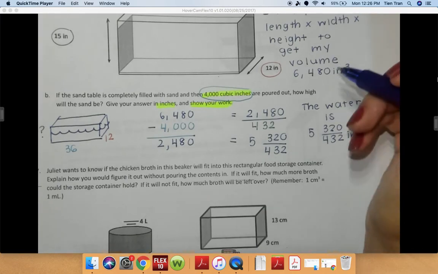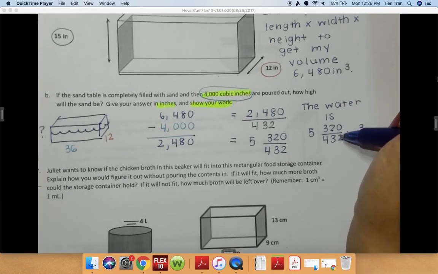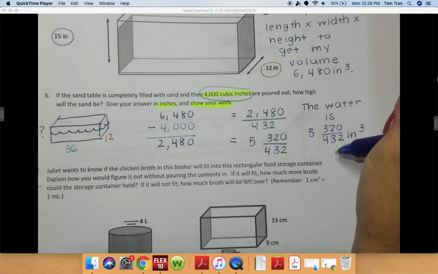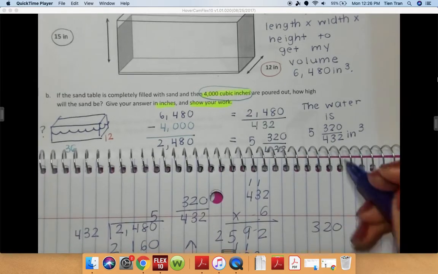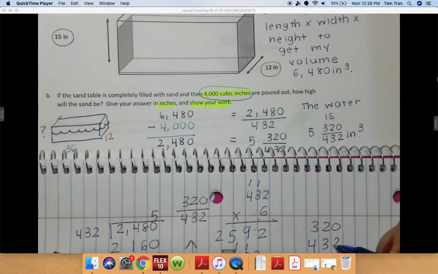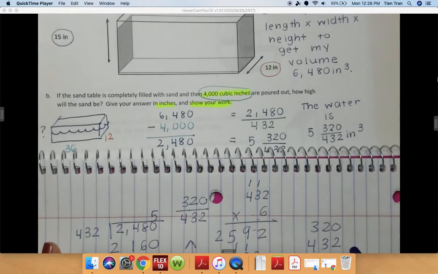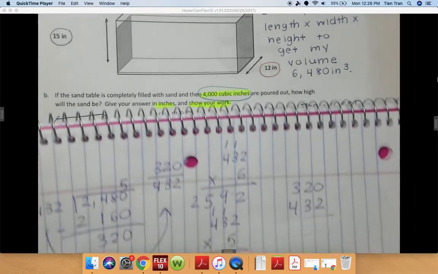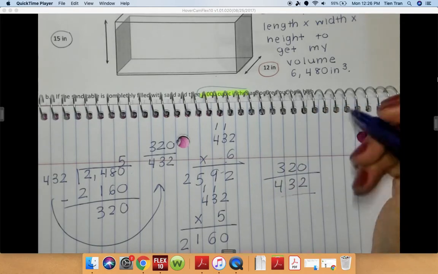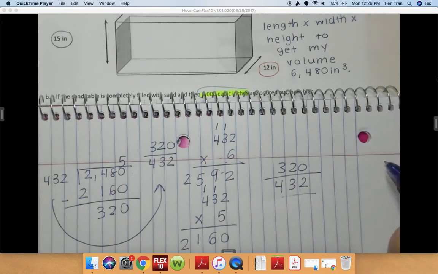And I'm looking at 320 and 432. I think I can simplify it a little bit more. I could probably divide both numbers by 4.